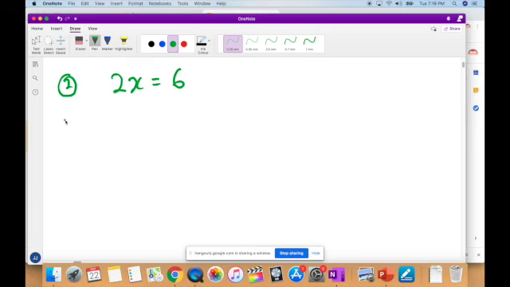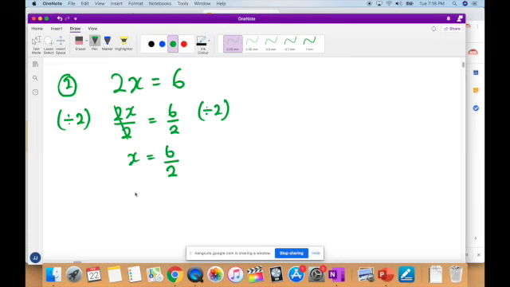So in order to get rid of it, you have to divide by 2 on both sides of the equation. So now I'll have 2x divided by 2, which is equal to 6 divided by 2. So these 2's will cancel. So now I'll have x is equal to 6 divided by 2. X is equal to 3.